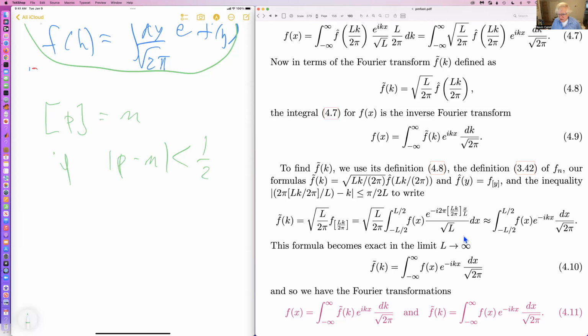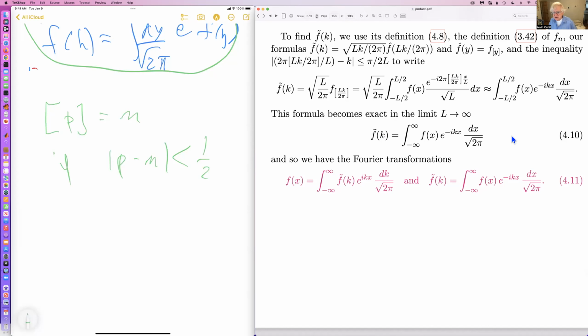And then the square root of L's cancel, and you simply have this. Now you take the limit L going to infinity, and you find that you get that the inverse Fourier transform looks like this.